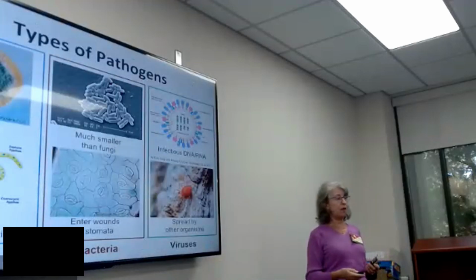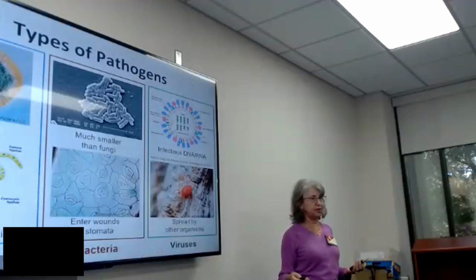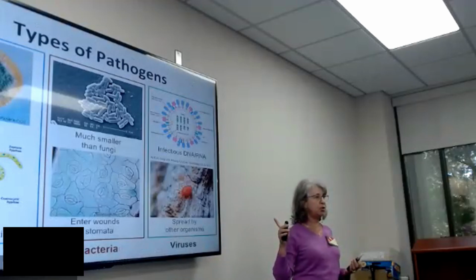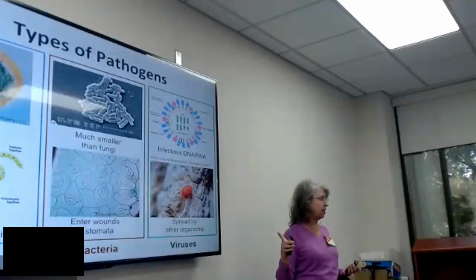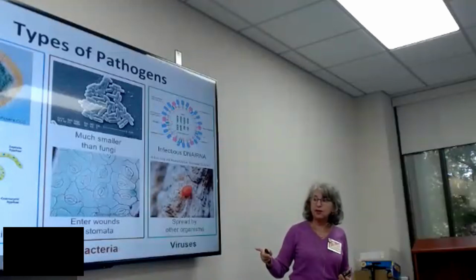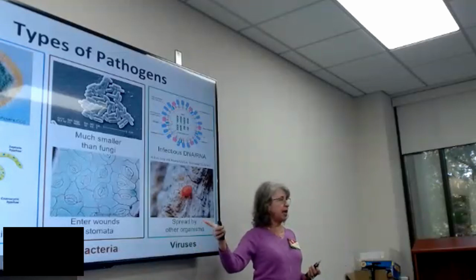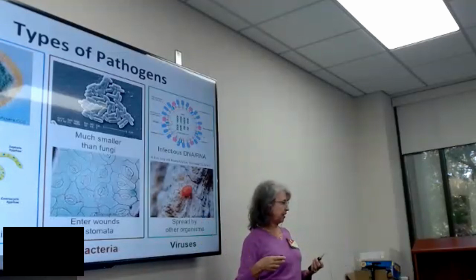Okay, there are many kinds of pathogens. We heard last week about the three main categories. Fungi, which is the number one. Far more diseases are caused by fungi than any other group. But there are also bacteria. Now, fungi are unique in that they can actually penetrate a leaf directly.